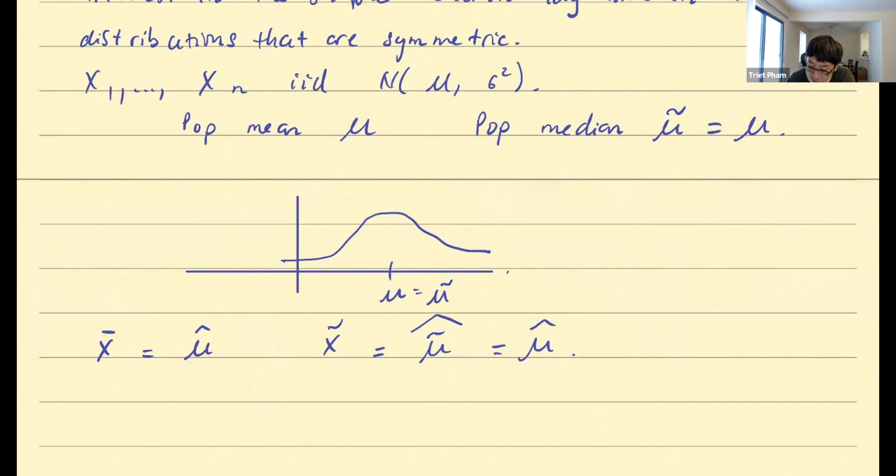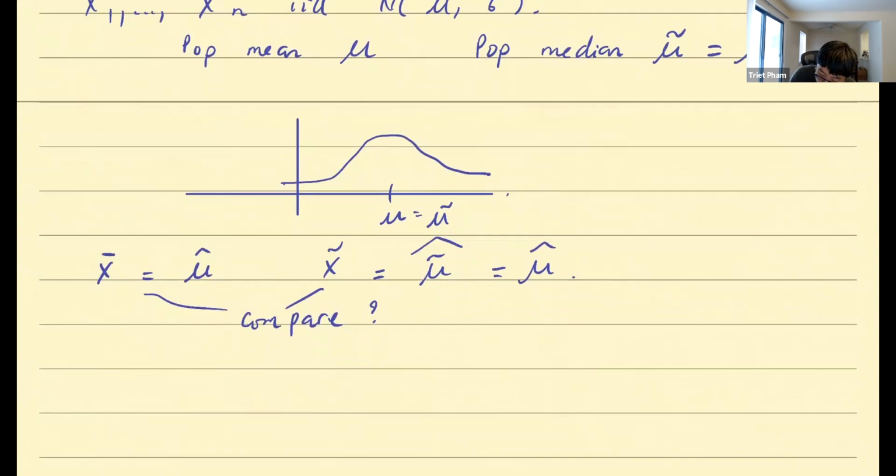So when you have two choices like this, you obviously want to ask which one is better, or at least you want to compare the behavior of these two statistics as estimators for mu, the population mean. With X bar, it's easy.